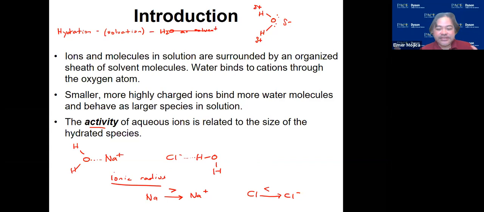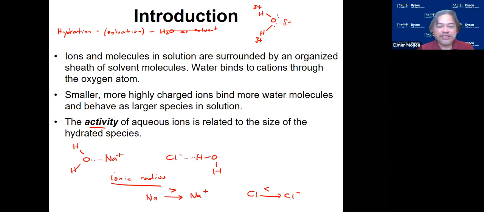But there's still another thing that happens when these ions bind with the solvent, which in the case of hydration is water molecules. So it says here, smaller, more highly charged ions bind more water molecules and behave as larger species in solution. Okay? And they said if you have ions, they do not act as independent particles in solvent or water.